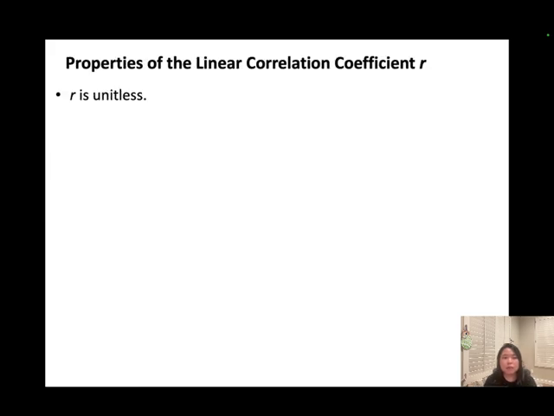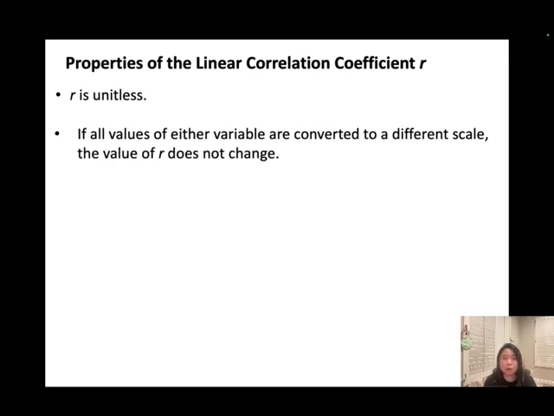More properties. R is unique, so there is no unit for R. And if all values of either variable are converted to a different scale, the value of R does not change. This is talking about when they have a different unit. For example, when we have the variable of height, first I measure it in feet, and then I convert it from feet to centimeters.